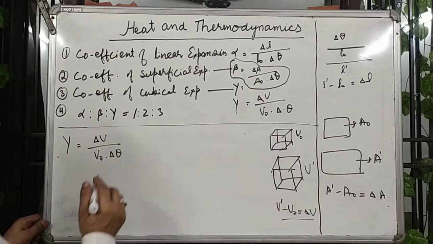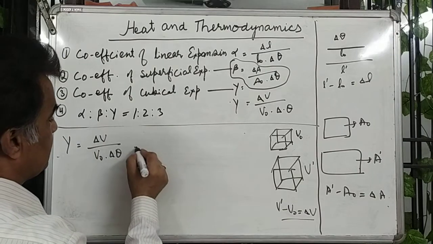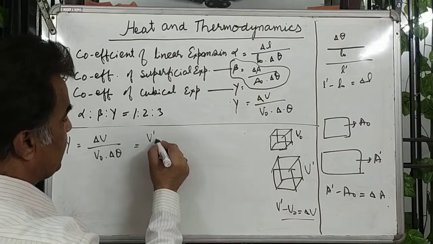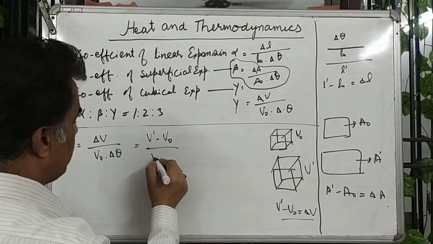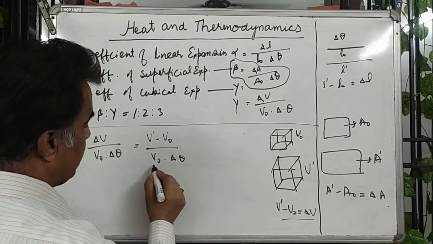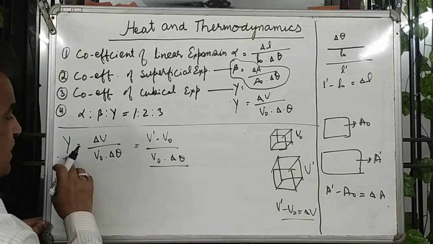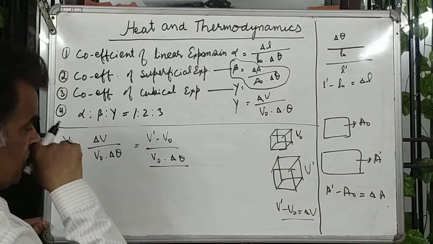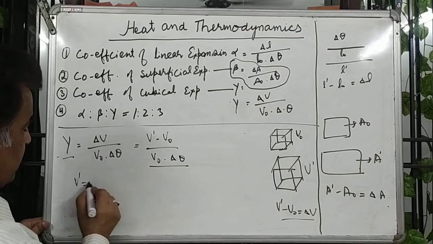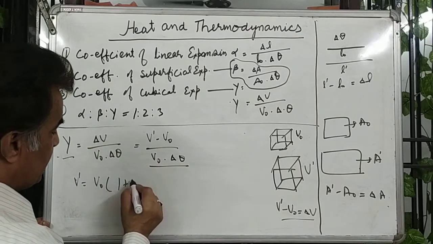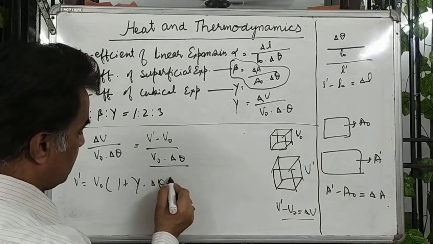So you may write it: change in volume, that is V dash minus V0 upon V0 into delta theta, and from this you will find V dash equals V0 into 1 plus gamma into delta theta.